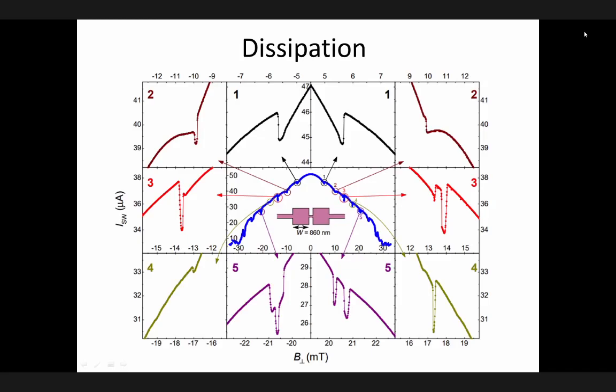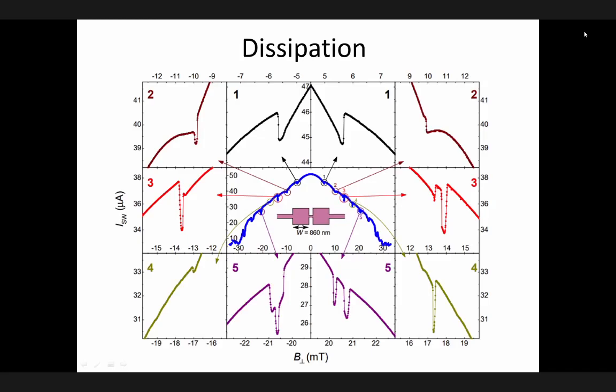I have some data in which the switching statistics is governed not by the stochasticity of the junction but by the stochasticity of the vortex expulsion.